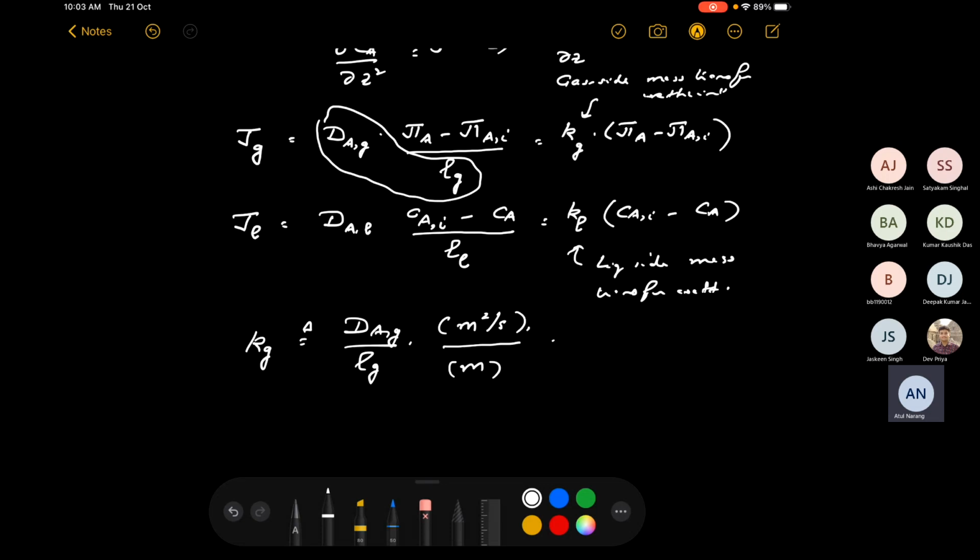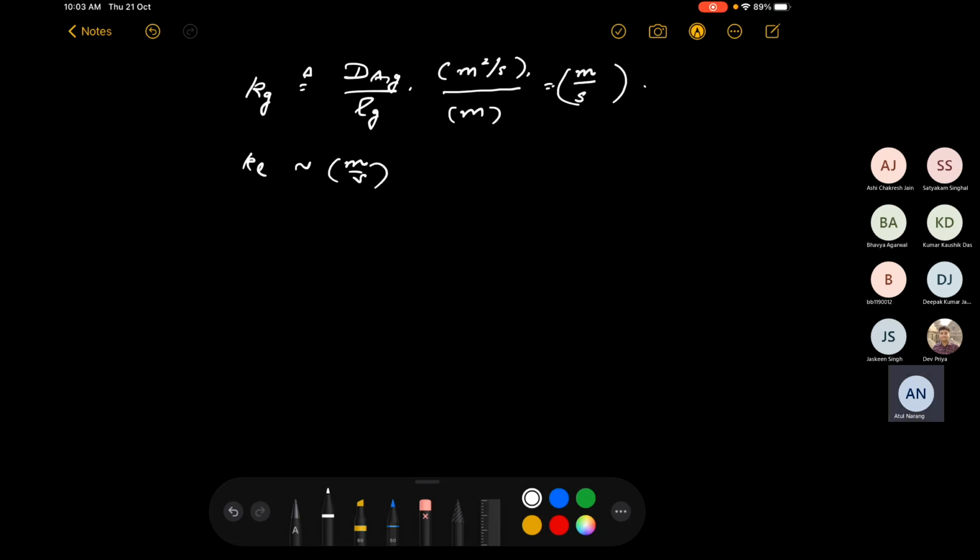So Kg has units of meters per second. And similarly, KL has units of meters per second, because once again, it's the ratio of the diffusion coefficient divided by the thickness of the film.